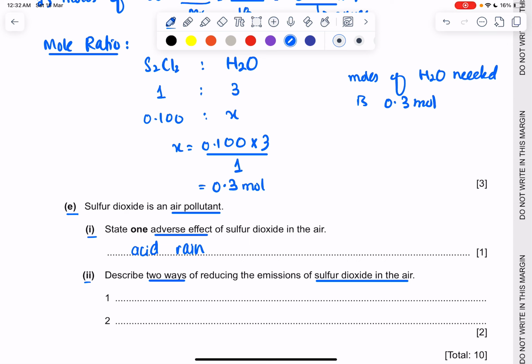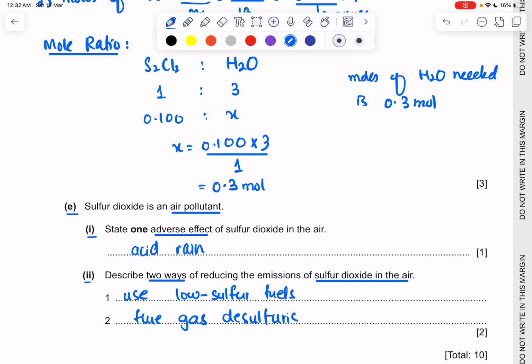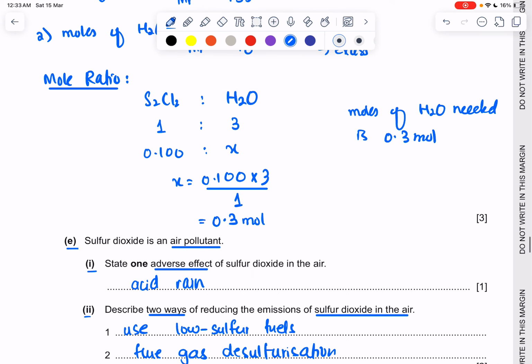To reduce sulfur dioxide, we can use low sulfur fuels, and for the second we can use flue gas desulfurization. This is basically a method in which we react sulfur dioxide with calcium oxide to neutralize it to make a slag, as we did in the iron industry. So this is all about question number 6.